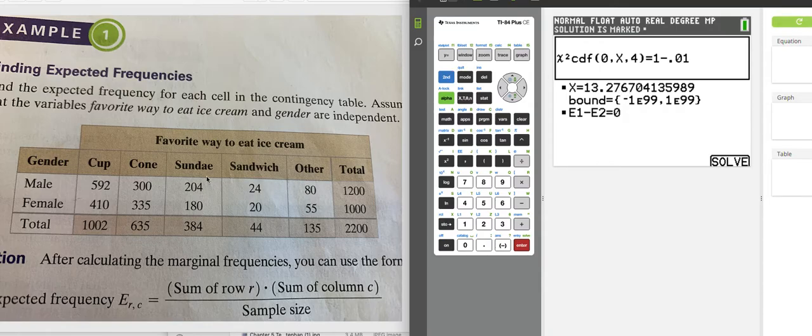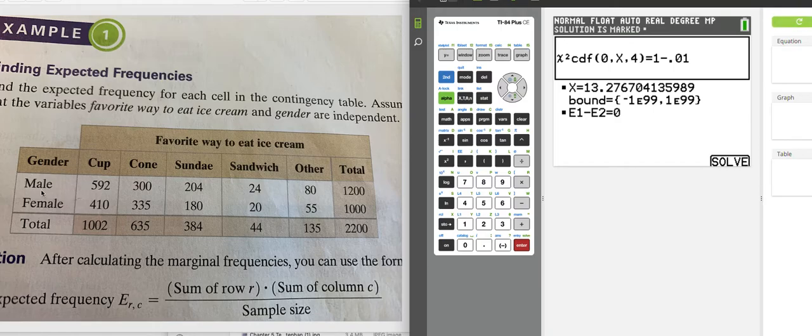Okay, so H0 says that these two, being male or female, these numbers are exactly the same. HA says it changes if you're male or female, meaning that males might like a cup more than females, and so on. So that's what we're trying to determine.